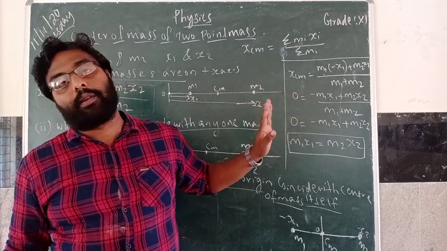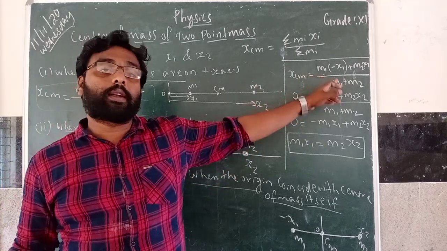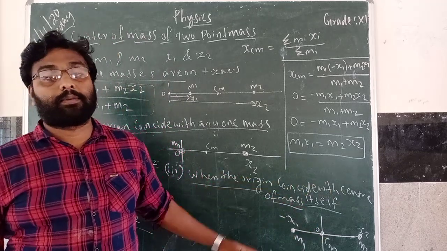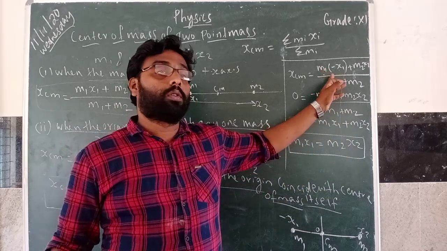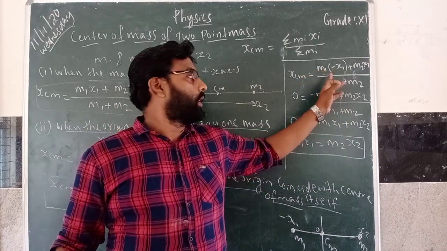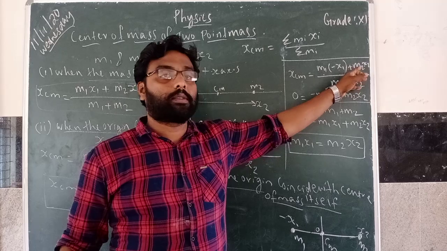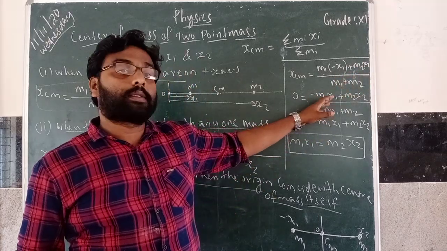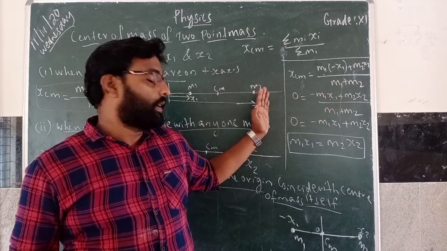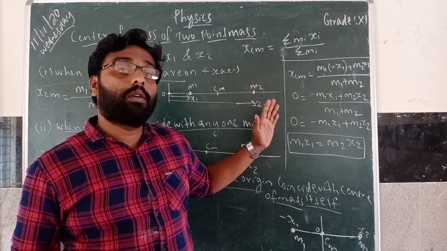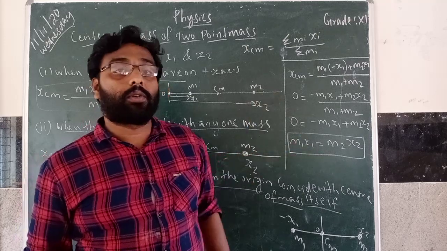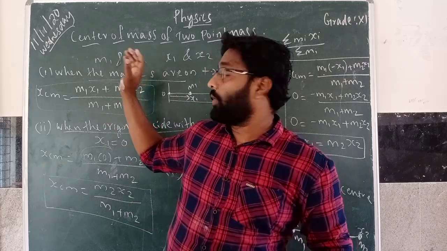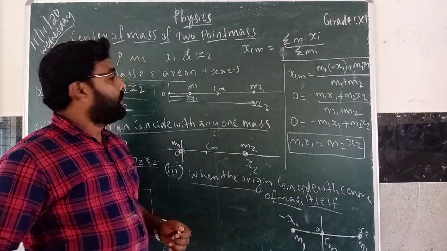Center of mass is 0. So what we will get, and the x1 is at the position negative x-axis, minus x1. So 0 equal to m1 into minus x1 plus m2 x2 divided by m1 plus m2. So this minus m1 x1 after coming this side, it will change into m1 x1. So m1 x1 is equal to m2 x2. This is how we can find out the center of mass for 2-point mass.